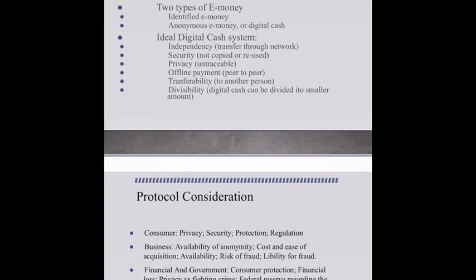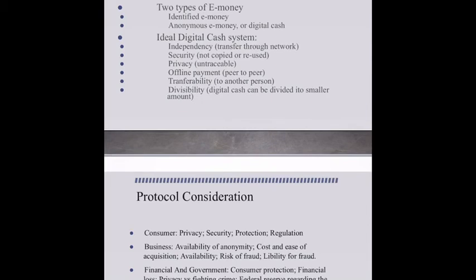And then about the protocol considerations. The first one is the consumer. Consumers want privacy, security, protection, and regulation. As a consumer, I want my privacy to be safe, and about security, I want my data to be secure in anything.